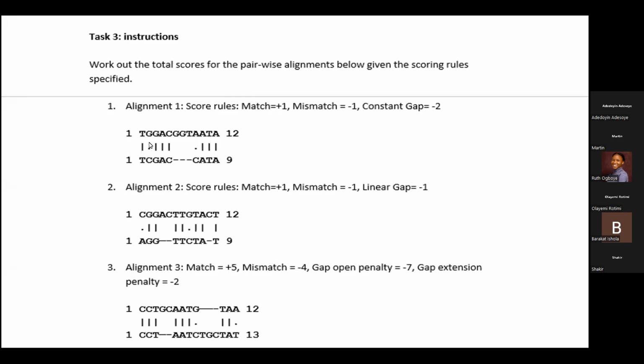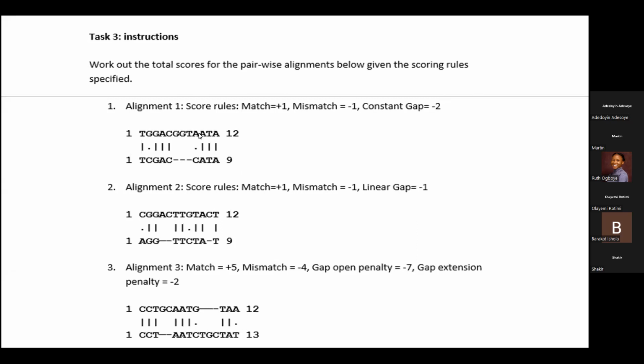We have 1, 2 mismatches. That is -2. So our score is at the moment 7 minus 2, which is 5. If you remember, the constant gap penalty states that no matter how many gaps you have in a region, the gap penalty is constant.